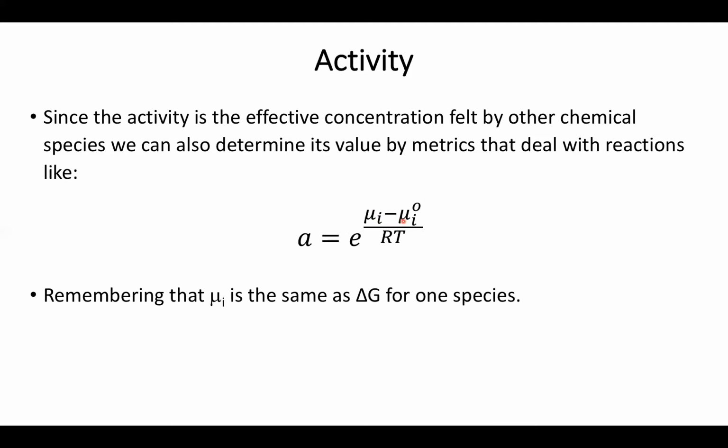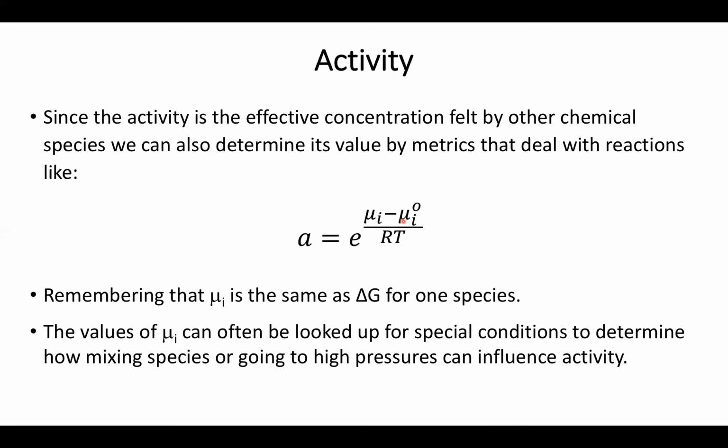So again, one of the other considerations to make note of is that in an industrial chemical setting, we're often going to be looking up these non-ideal chemical potentials through the use of a lot of tables and external resources.